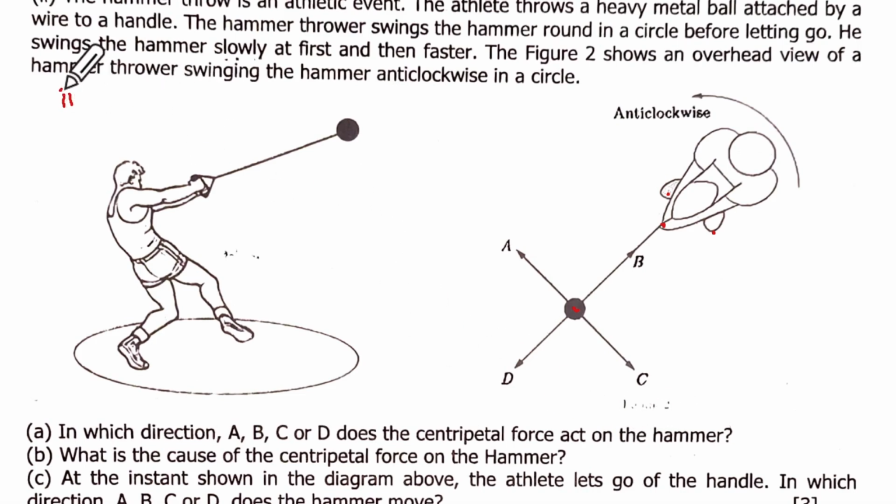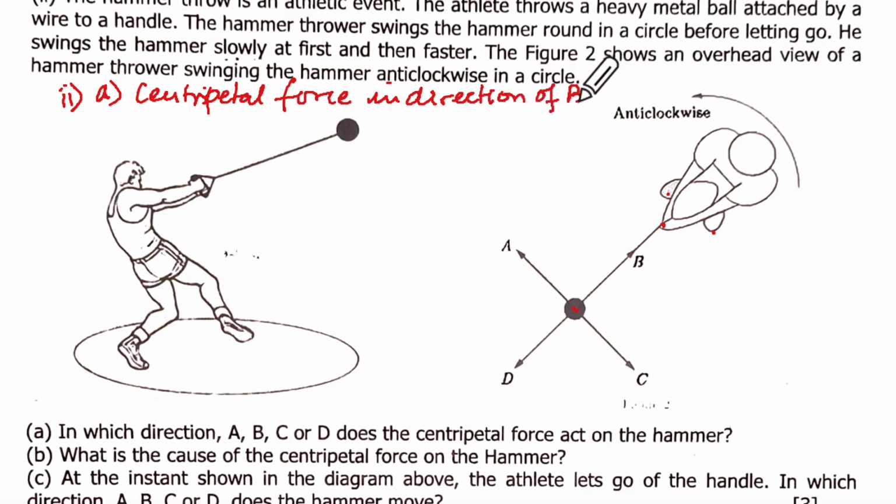In which direction A, B, C or D does the centripetal force act on the hammer? So we will say for A, centripetal force acts in the direction of B, since radially inwards.